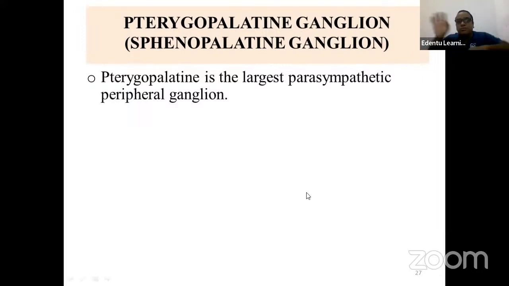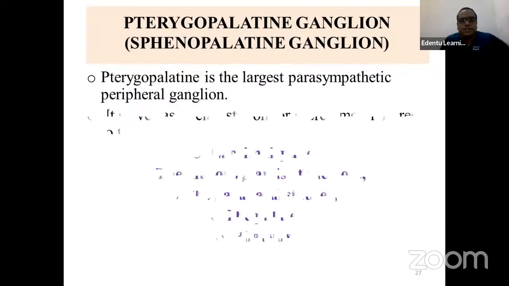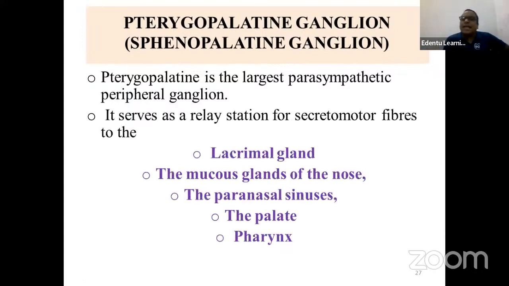I'm mixing both anatomy and common colloquial terms for you to understand. So this ganglion, or transformer, is a relay station for secretomotor fibers. That means these 5 houses will be supplied by this transformer. Which are those 5 houses? Lacrimal gland is house number 1. Glands of the nose, 2nd. Paranasal sinus, 3rd.